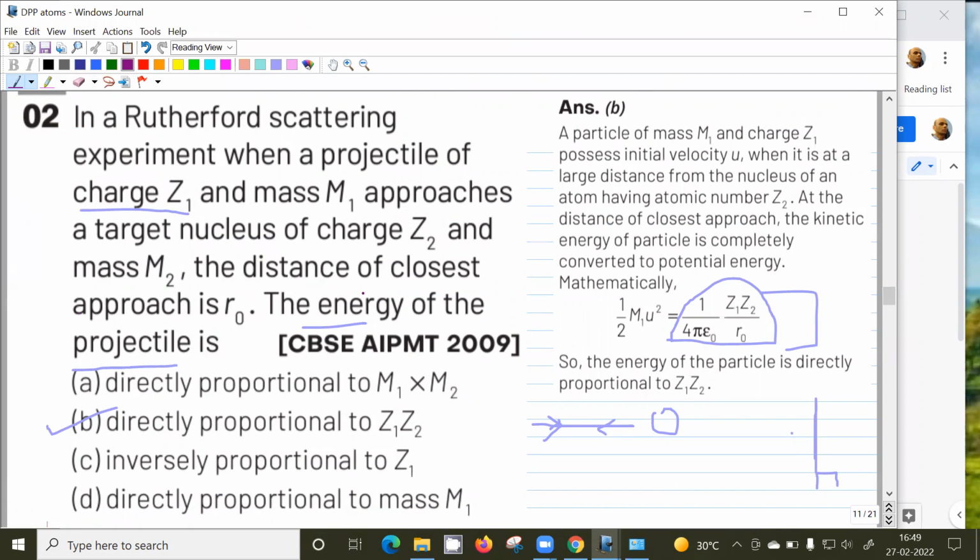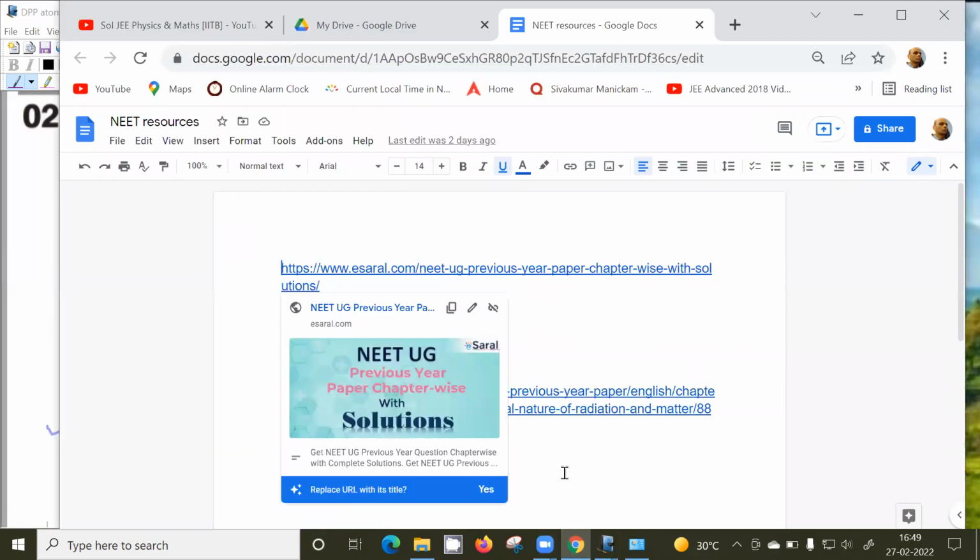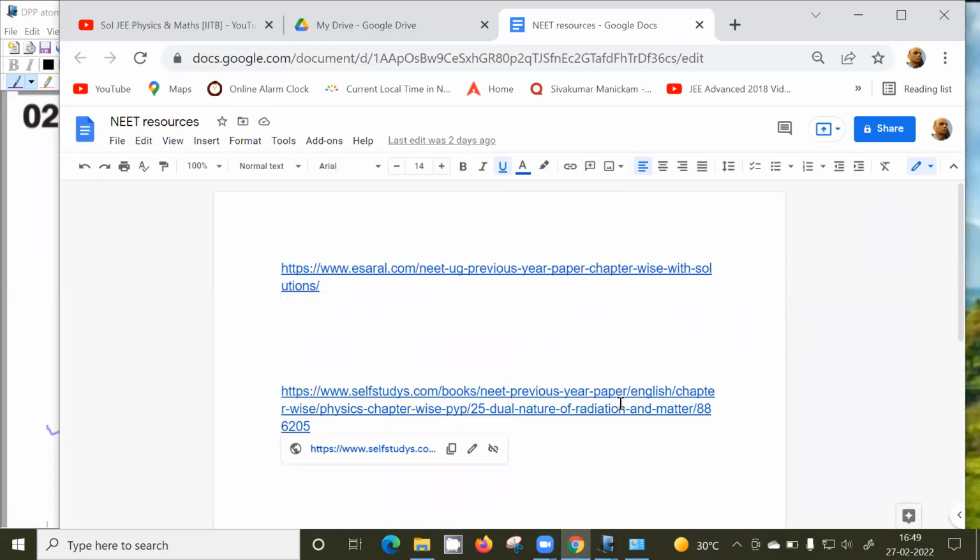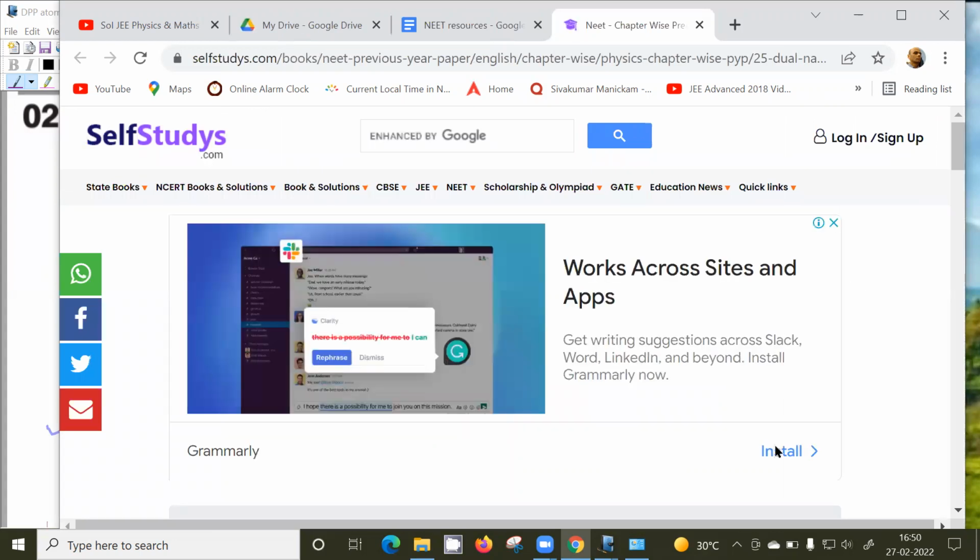Otherwise they cannot give it in the exam, because everyone has to do it. Lengthy calculations will be there in any subject. That's what you have to practice; if you practice, the speed will increase.